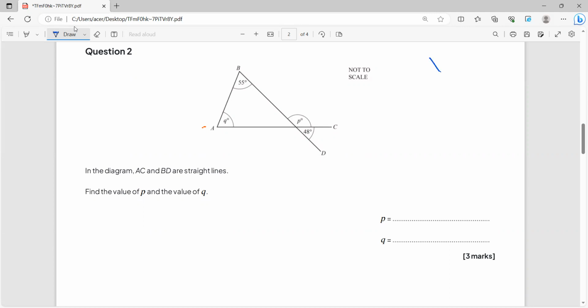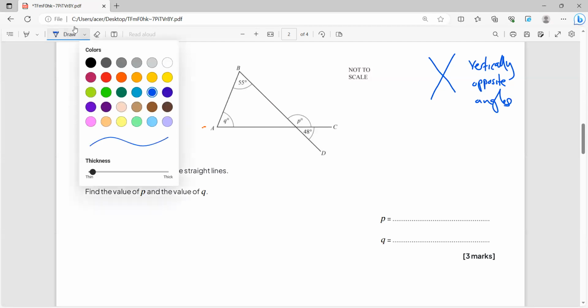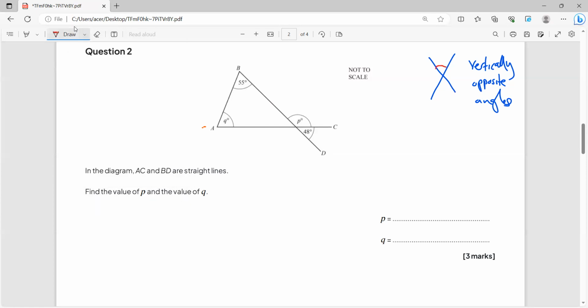So I'm going to reintroduce them. We have the vertically opposite angles. These angles form some kind of a Z, some kind of an X, or scissors. The angle right above that X is exactly identical to the angle below the intersection of the lines.